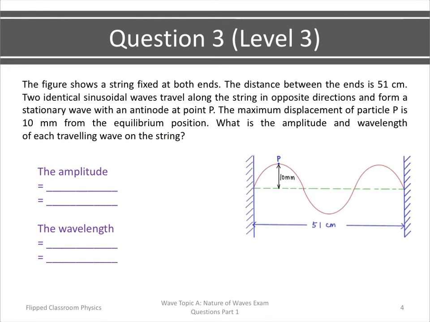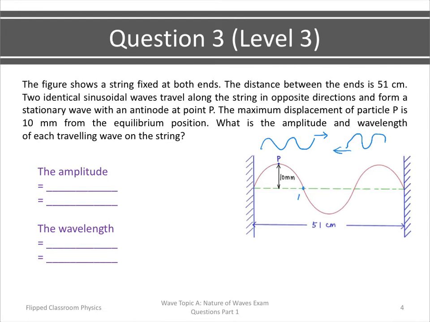Firstly, let's recall how a stationary wave is formed. When a wave travels to the wall, it reflects the traveling wave in the opposite direction. The incident wave and the reflected wave meet. They interfere and superimpose to form the stationary wave.